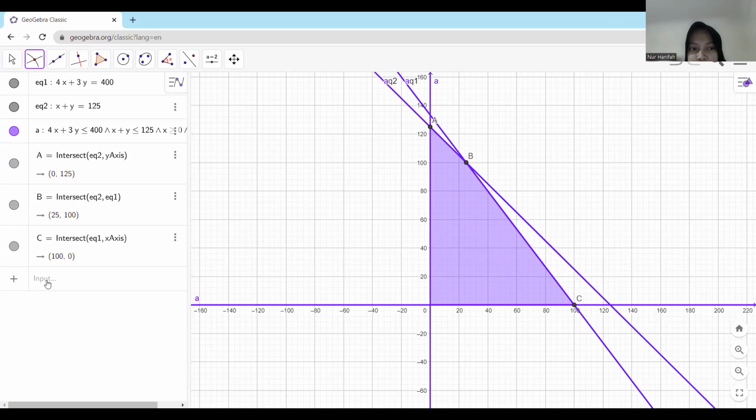Next, we will add the objective function here, 6 million of x plus 4 million y.